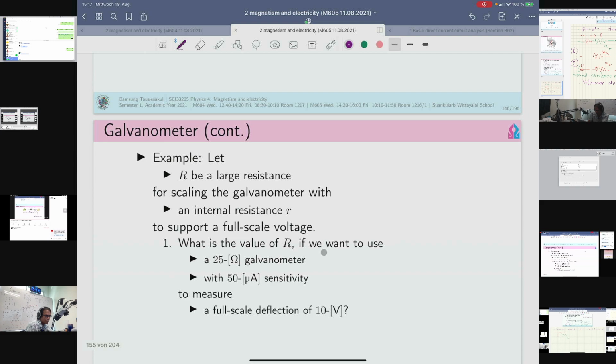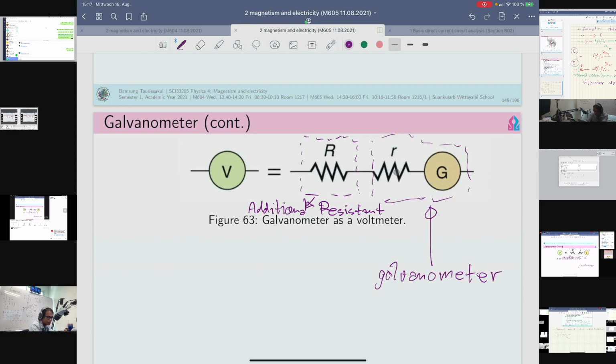It means the internal resistance r is 25 ohm.